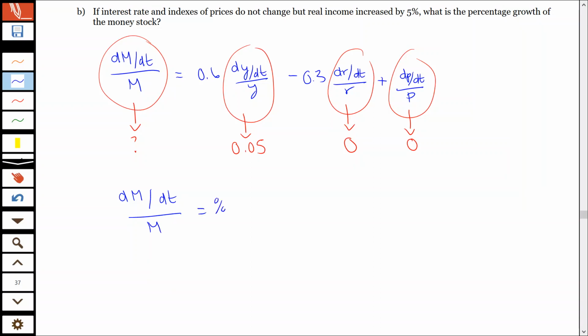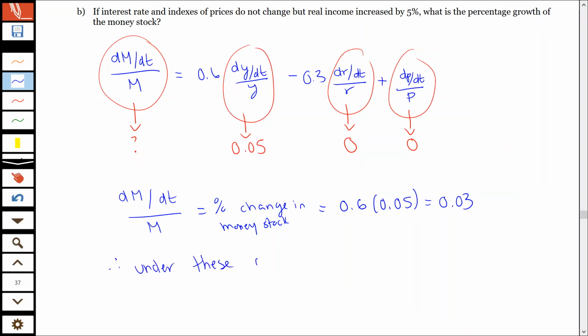The percent change in the money stock is equal to 0.6 times 0.05, so it is 3%. So under these conditions, the money stock would increase by 3%.